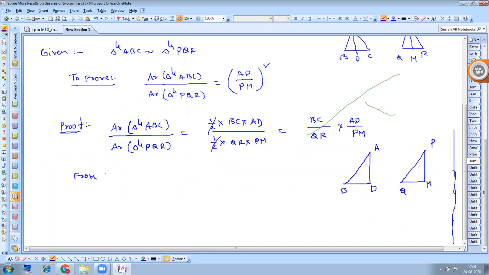From the given, AB by PQ will be equal to BC by QR will be equal to CA by RP, because they mentioned it is similar triangles. Take this as equation 1.